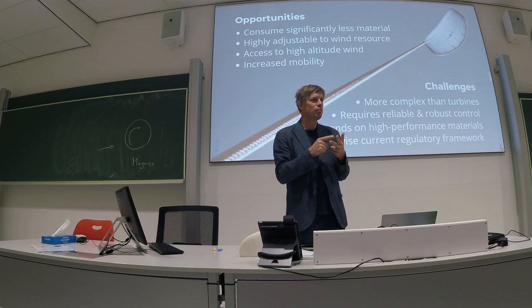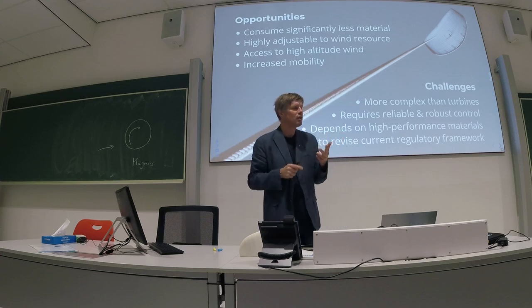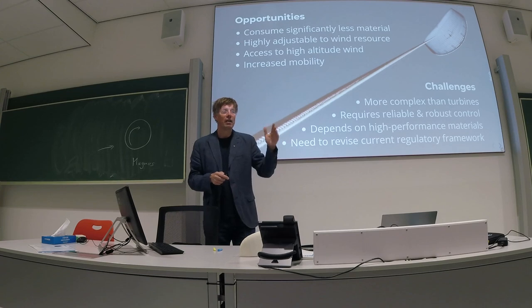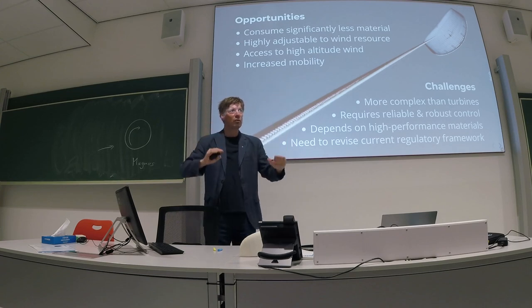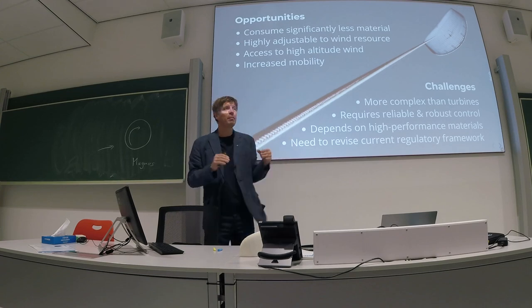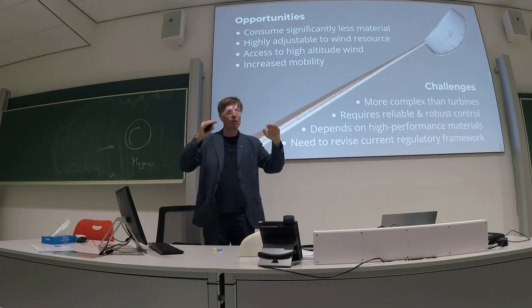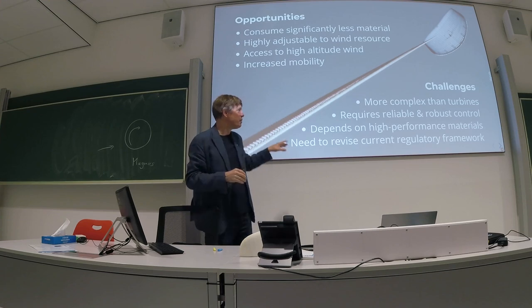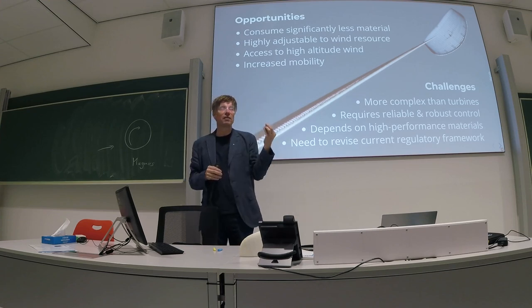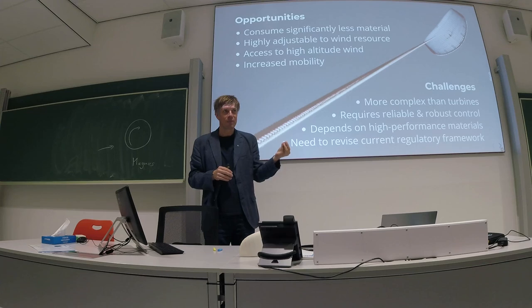These are two metrics that are very important. We see that although the mass goes down drastically for such a system, the environmental impact is not equally lower, because the high performance materials are still much more polluting. But still, there is an advantage.